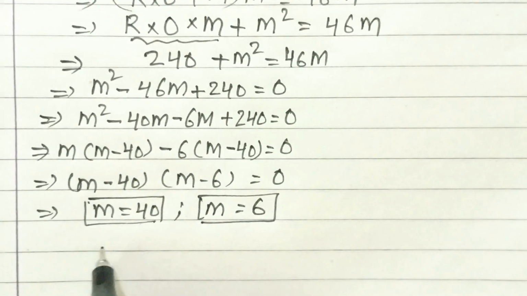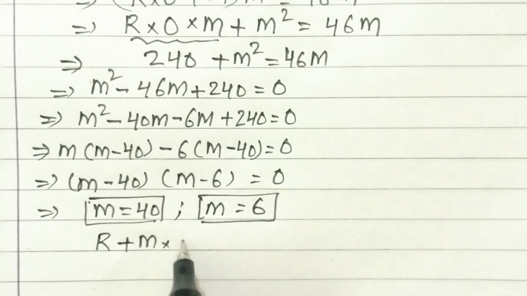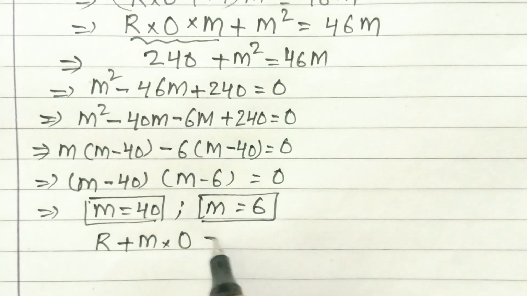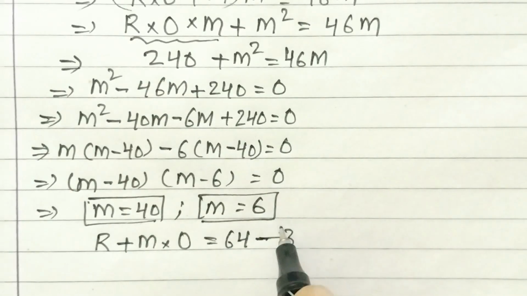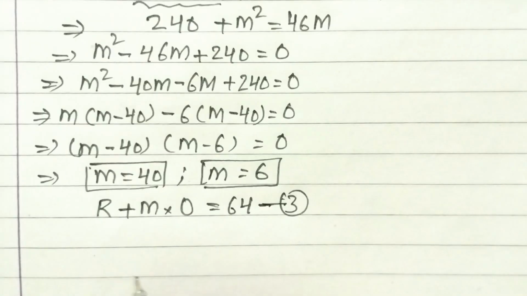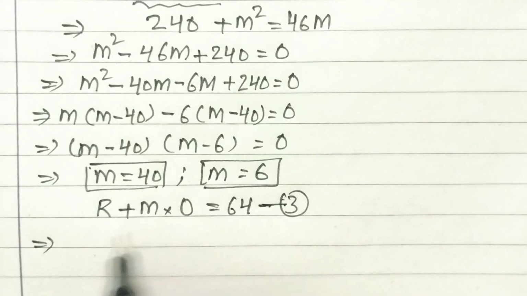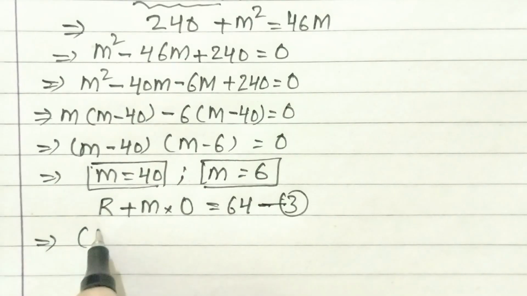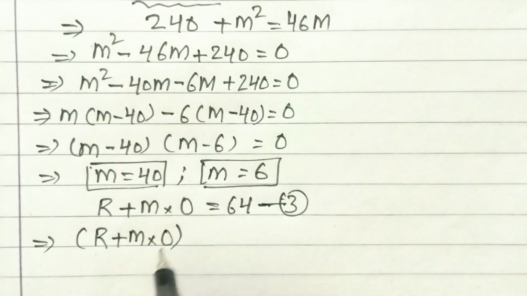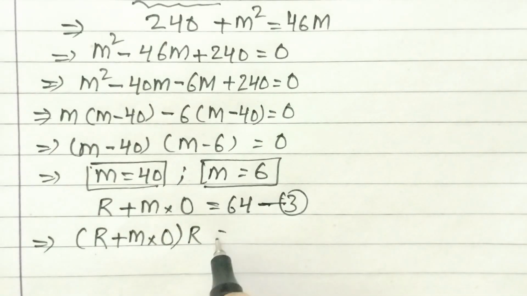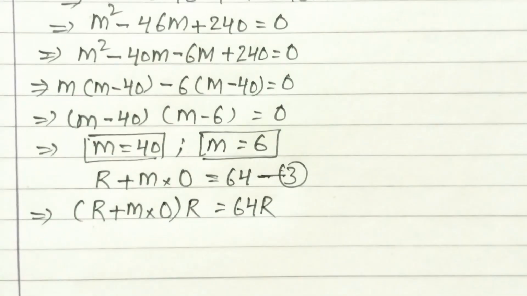Now if we take equation third, (R plus M) times O is equal to 64, and multiply the whole equation by R, we get (R plus M) times O multiplied by R is equal to 64R.